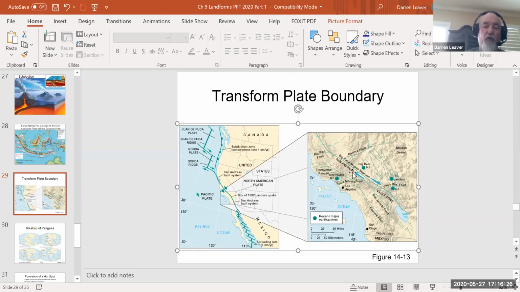Everything to the west of that line is on the Pacific plate. Everything to the east of that line is on the North American plate. So we're on the same plate as the rest of the Pacific, whereas if we go to the east, this is all on the plate connected to the rest of North America.